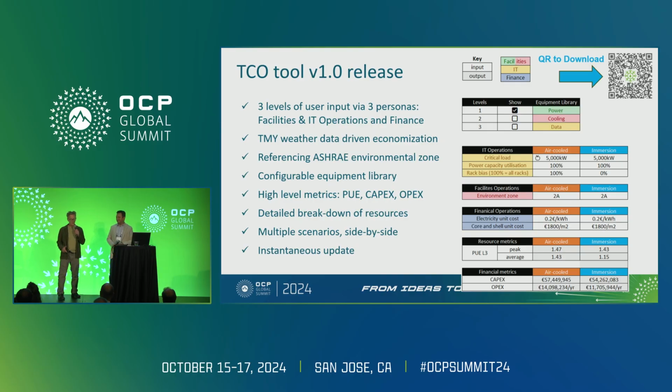So we have a tool. It enables you to calculate the OpEx and CapEx performance of a data center based around a range of different types of cooling technologies. That is air-cooled, immersion cooling, but it's also been designed to enable you to assess direct-to-chip, two-phase, and hybrid combinations of the same.